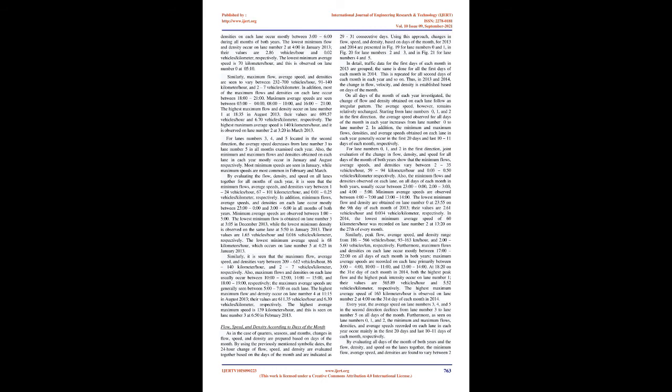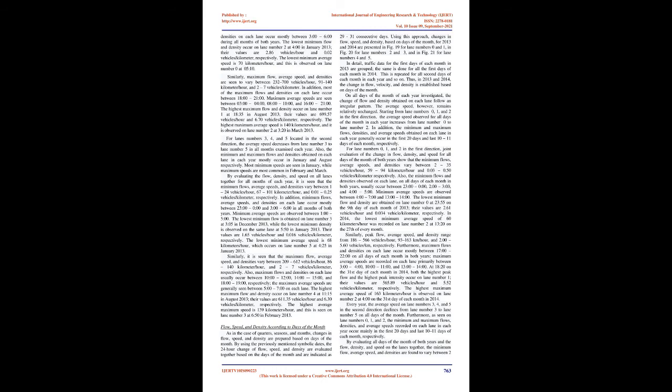For lane numbers 0, 1, and 2 in the first direction, joint evaluation of the change in flow, density, and speed for all days of the month of both years show that the minimum flows, average speeds, and densities vary between 2–35 vehicles/hour, 59–94 km/hour and 0.03–0.50 vehicles/kilometer respectively.